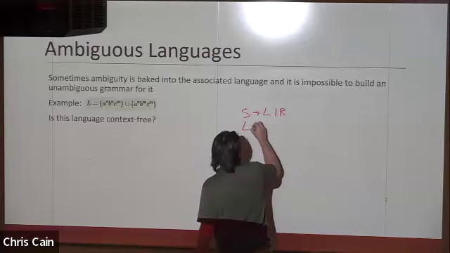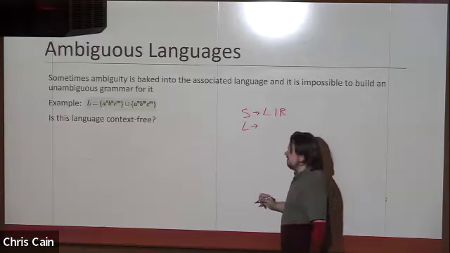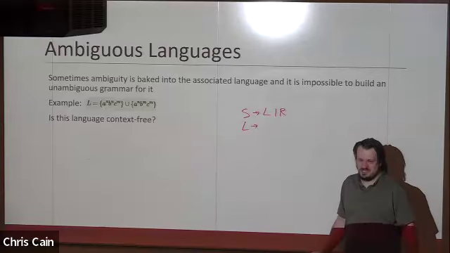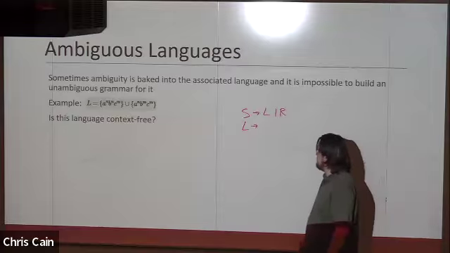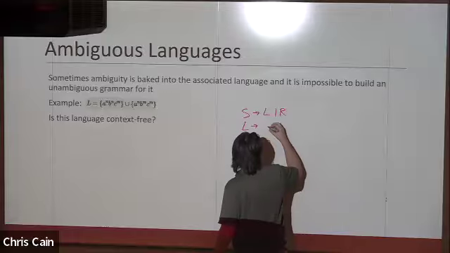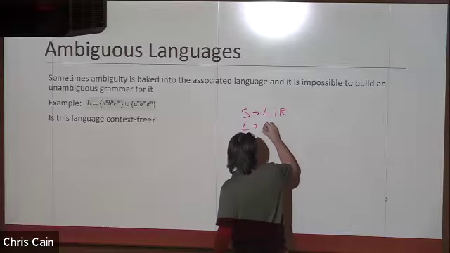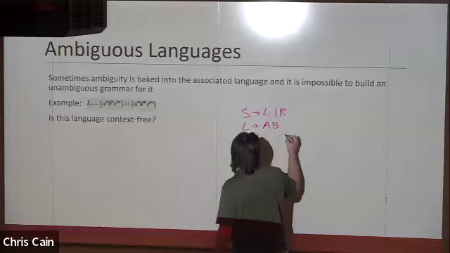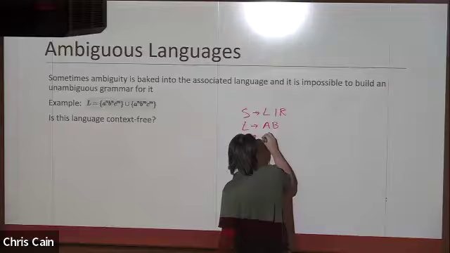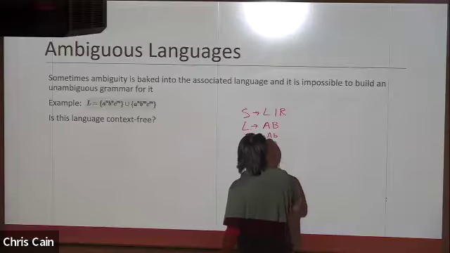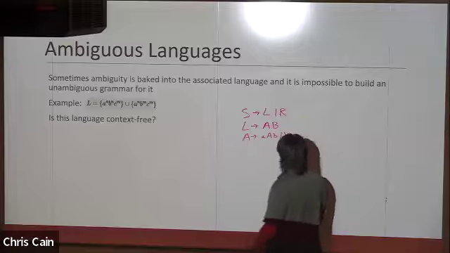What is L going to be made up of? We need something that represents pairs of A's and B's and something that represents C's. So let's just call this A and B. A is able to make a single A and a single B, and between that we can recurse, or we cannot do that.